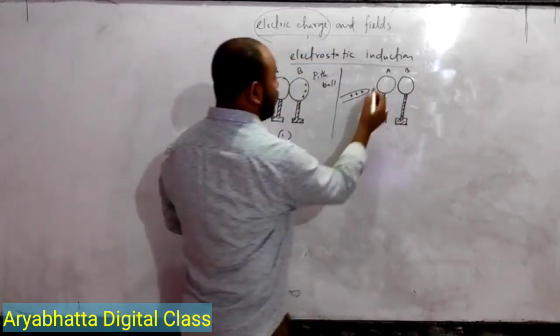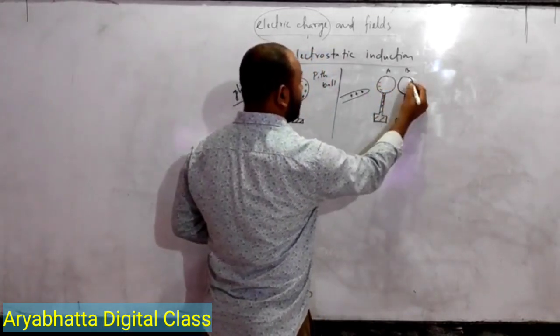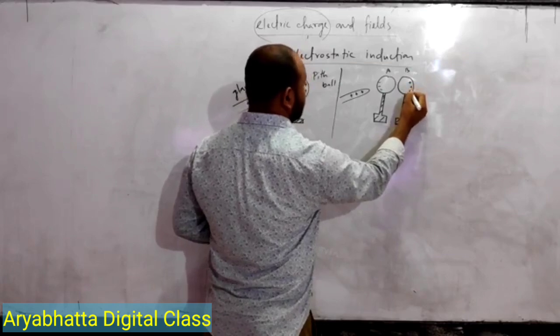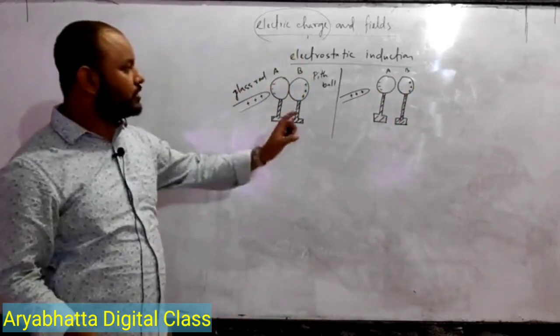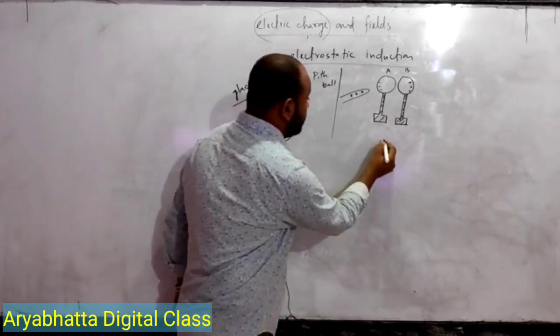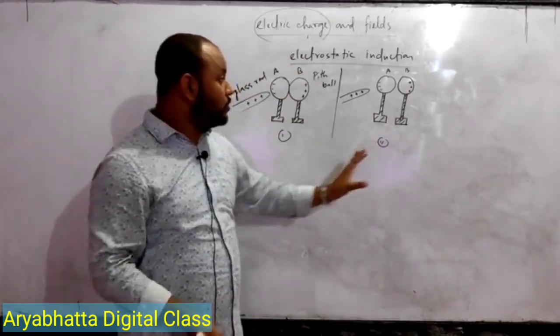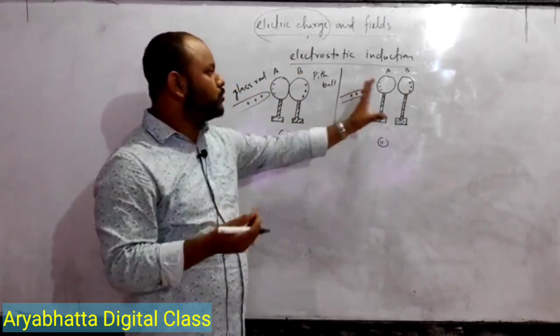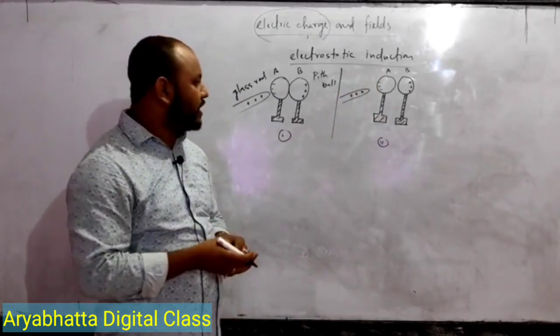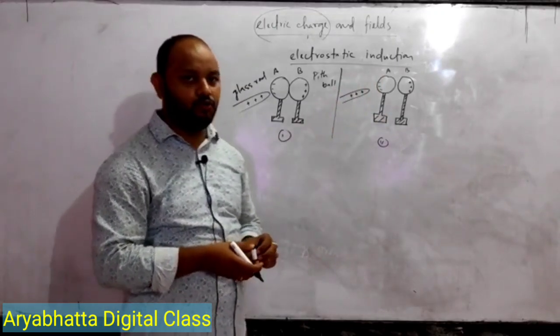What happens? The opposite charge will remain here and the similar charge will remain here. The picture is the same, but the difference is in the second diagram we just made a slight separation between the two balls.